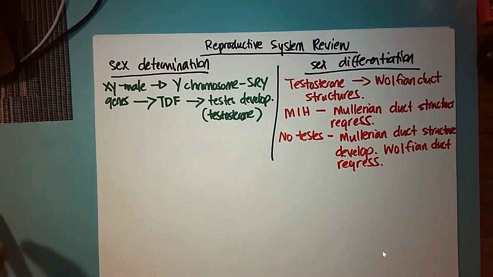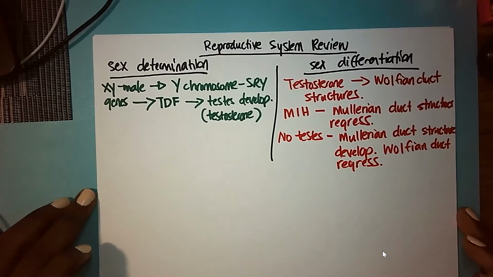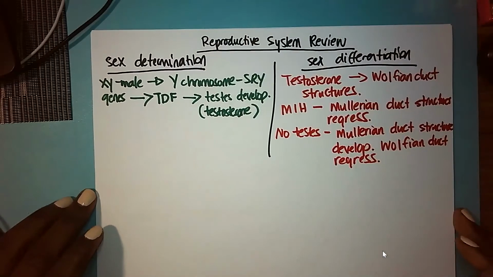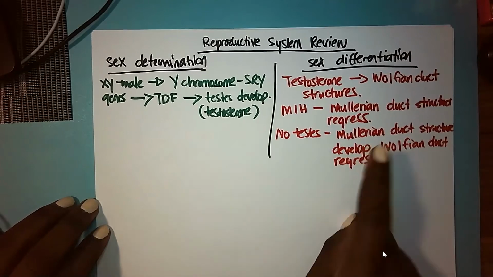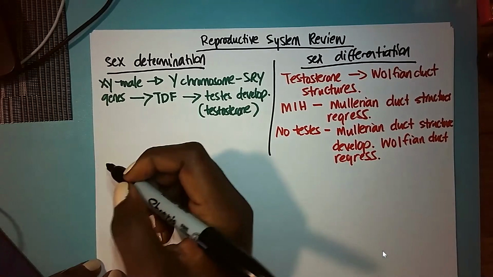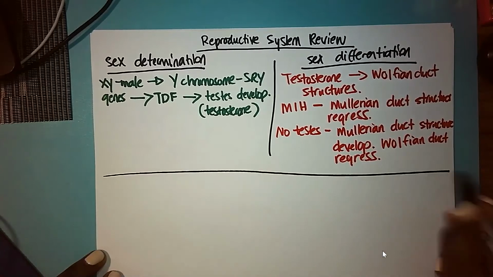Okay, and some of the Mullerian duct structures here are the uterine tubes, the uterus itself, the vagina, etc. The other parts of the uterus as well, the ligaments, etc. So if we don't have testes, we don't have these hormones, and then the opposite happens in terms of the development. So that's kind of the difference between sex determination there and sex differentiation.